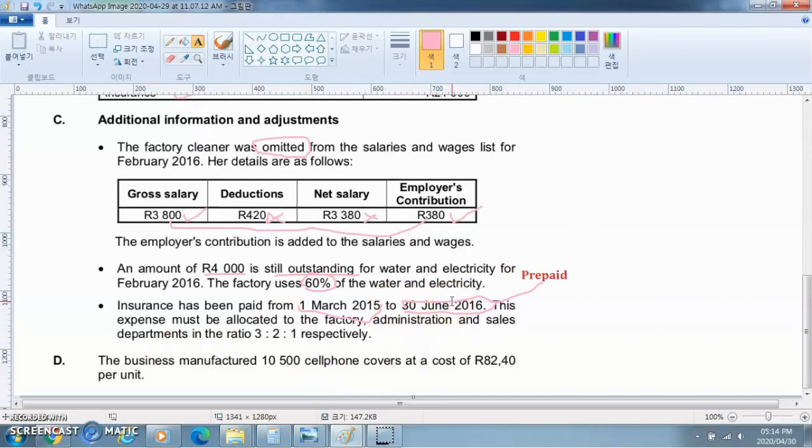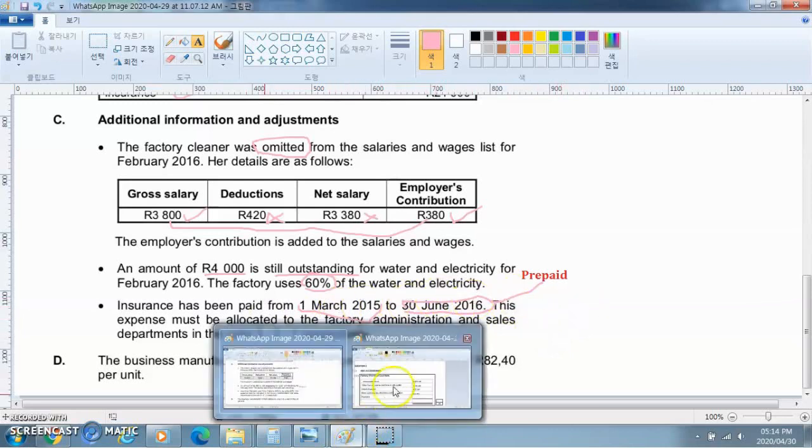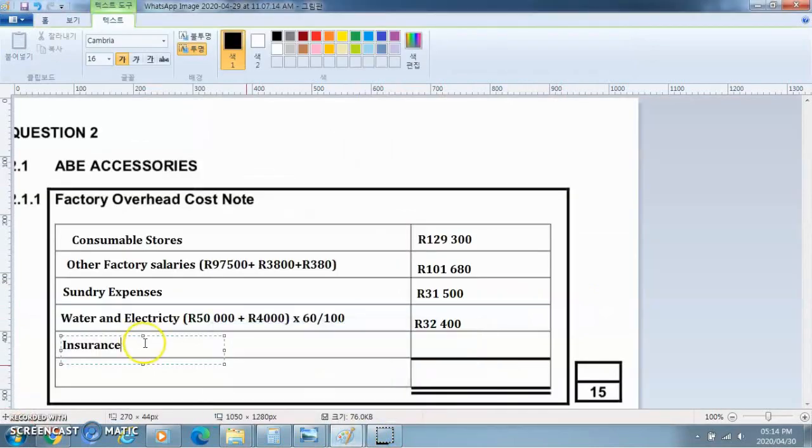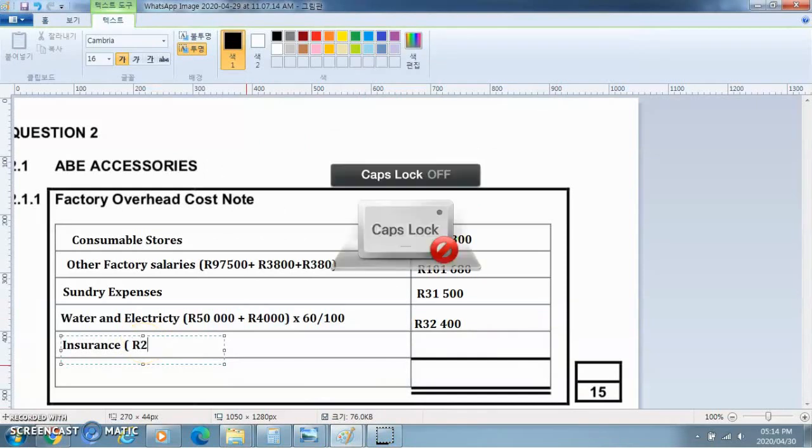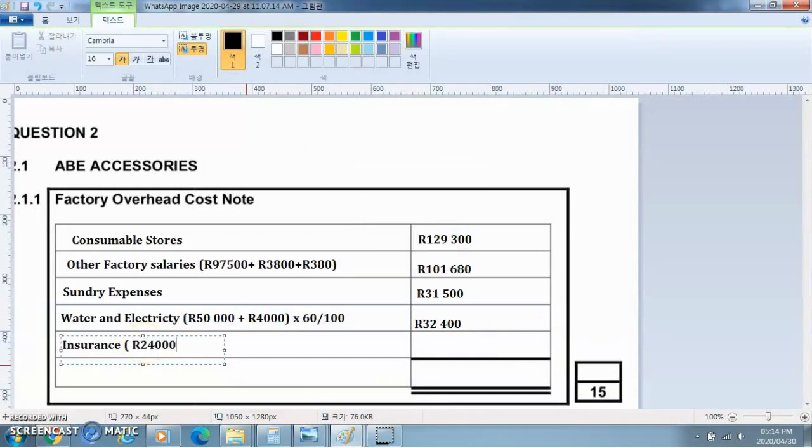So in total, this is 16 months. If I was to work it out, I'll open my bracket and say 24,000 divided by 16 months. I paid this amount for a period of 16 months.